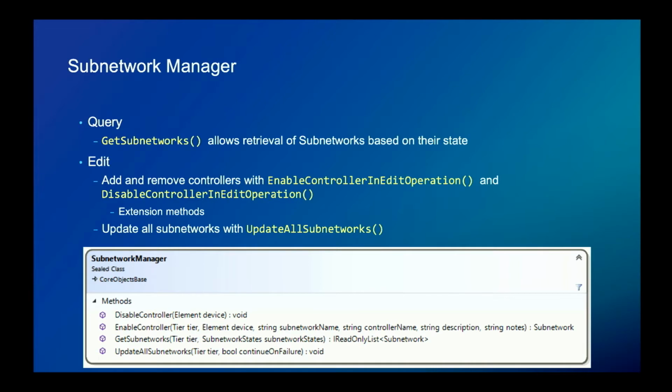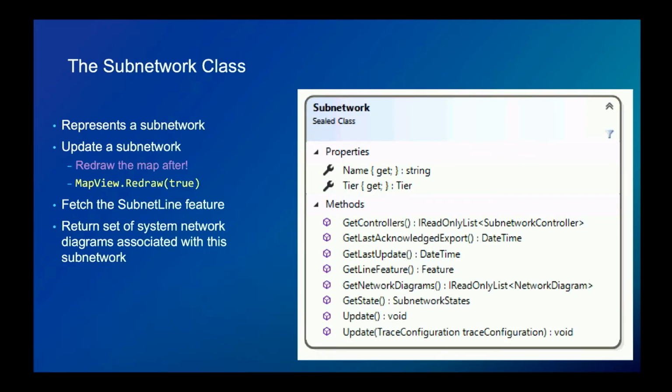New in the more recent versions, we have an update all subnetworks, so you can update everything in one call to the service. Once you get individual subnetworks from that query, you can update them individually as well. Now, another thing that was added since we talked last year, we now have a routine that will let you redraw the map view. So you call mapView.redraw true, and what that will do is refresh the whole screen.